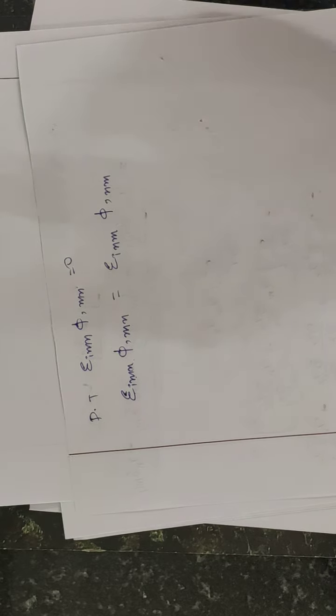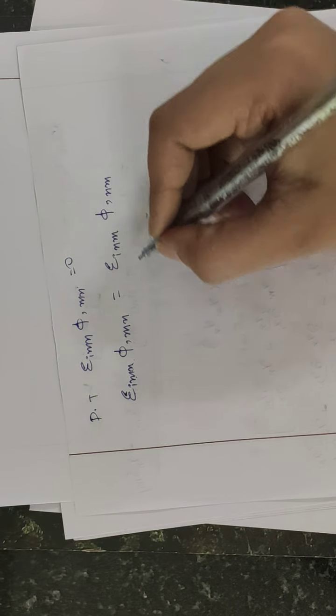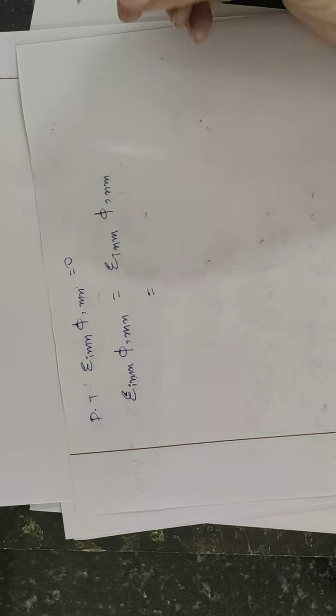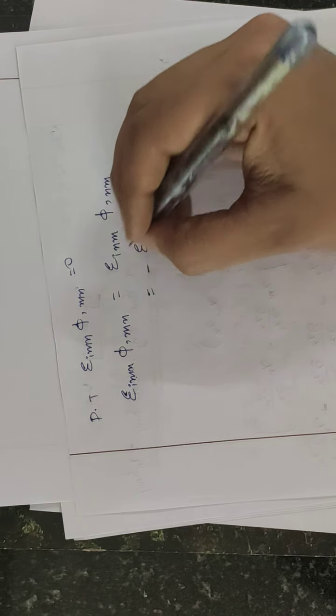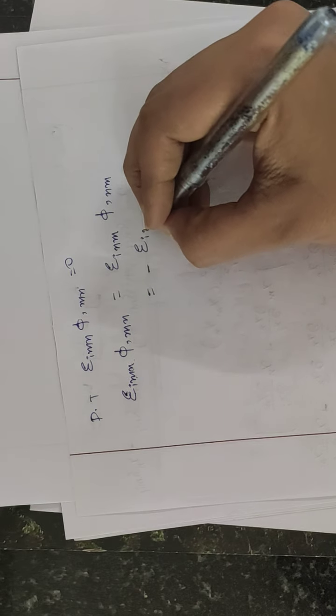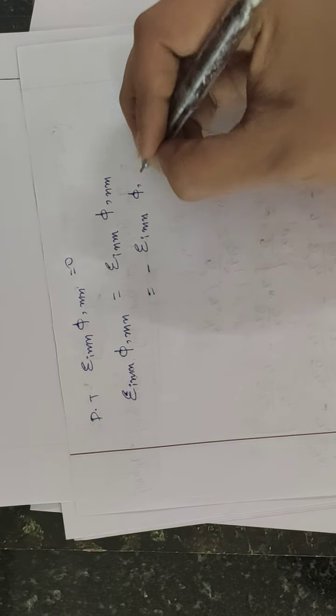These two are equal now, okay? So now if I change the suffixes, if it is in acyclic order, you will get a minus sign, right? I can write this as minus epsilon I mn phi comma mn.